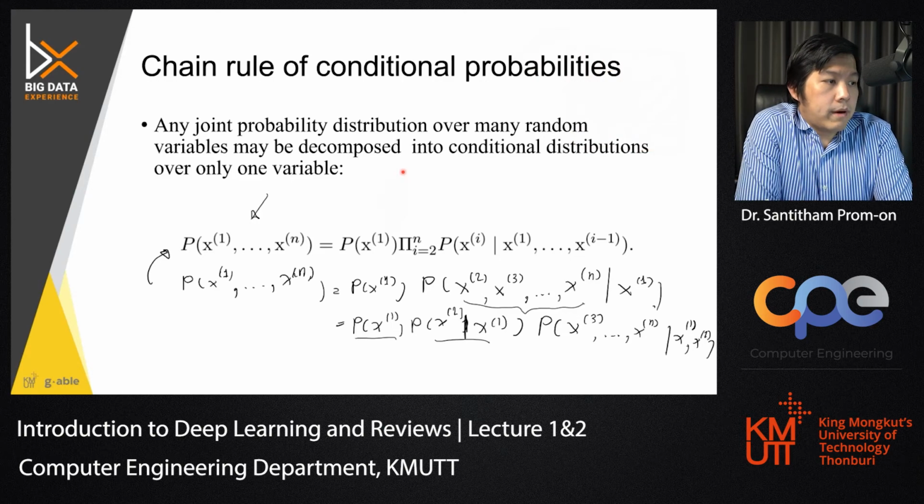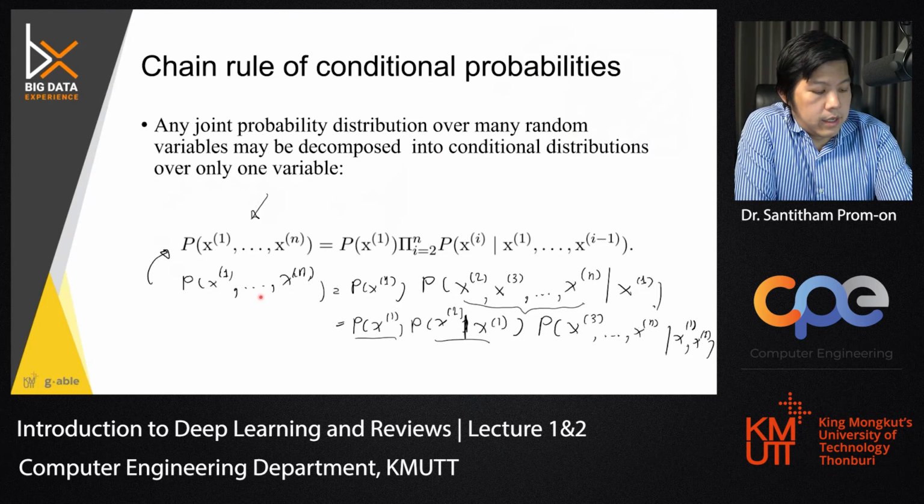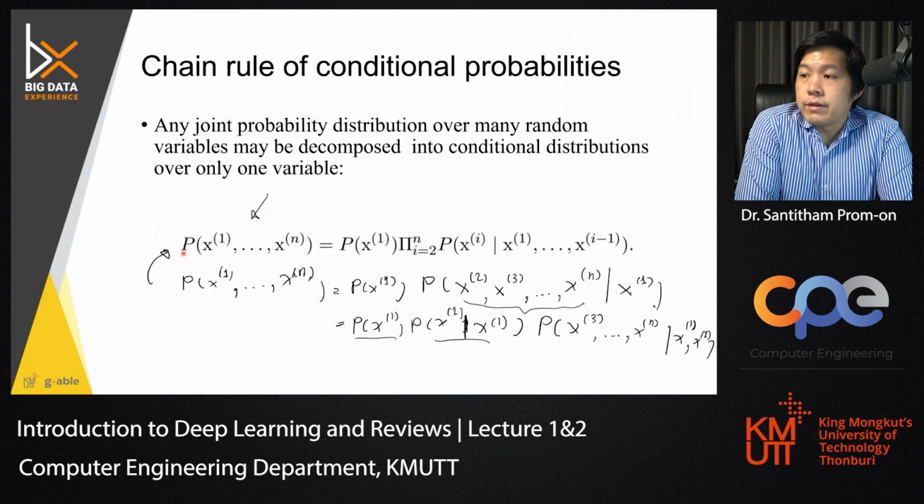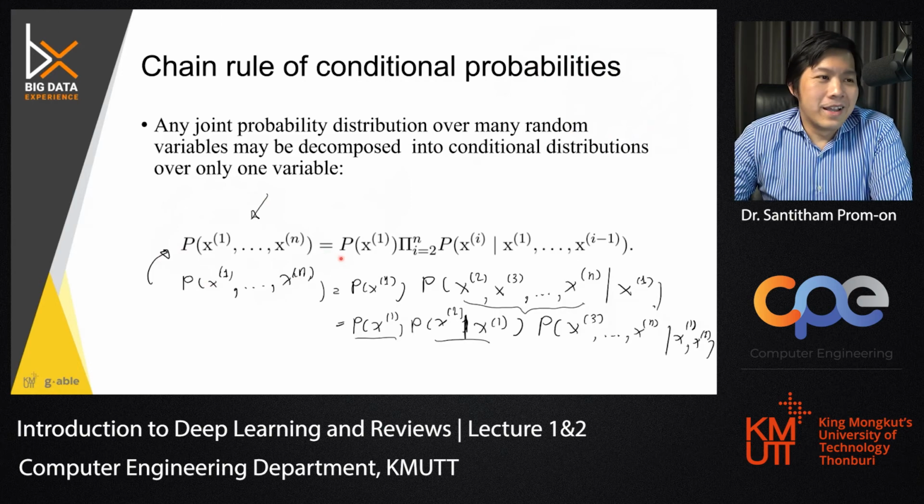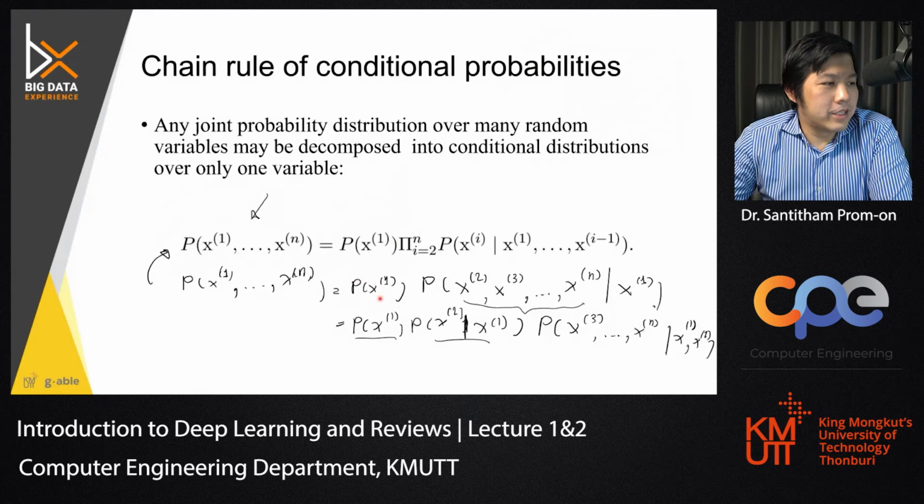Conditional probability has the chain rule. I did not erase it out here because I don't want to write it again. So this is the chain rule of conditional probability. So you have this joint distribution. You can take one prior out, and then you get the multiplication of the conditional probability of that event i given the rest.